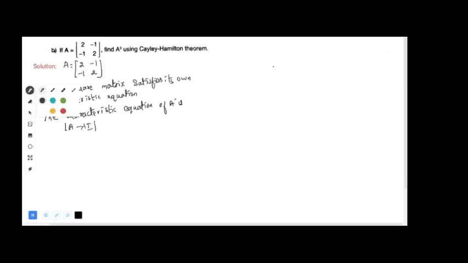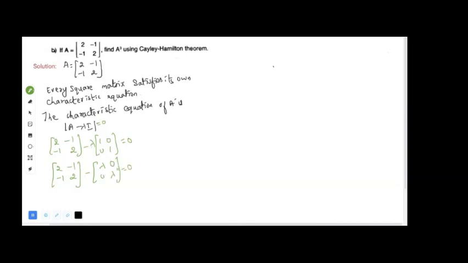So here what is determinant of A minus lambda I? A is [2 -1; -1 2] minus lambda [1 0; 0 1] equals 0. So here [2 -1; -1 2] minus [lambda 0; 0 lambda] equals 0.